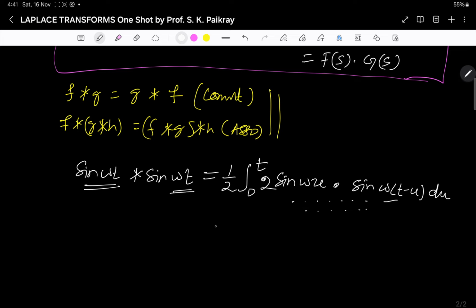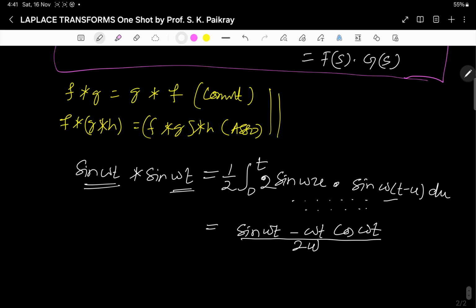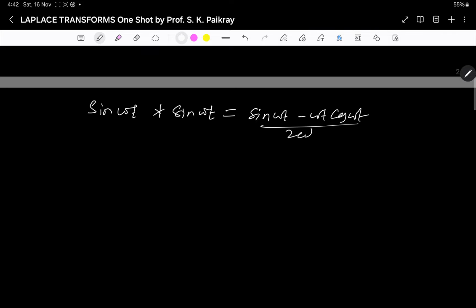If we simplify it, it will give me (sin ωt − ωt cos ωt) divided by 2ω. Similarly, to write all the formulas at a glance: sin ωt convolution sin ωt is (sin ωt − ωt cos ωt) divided by 2ω.